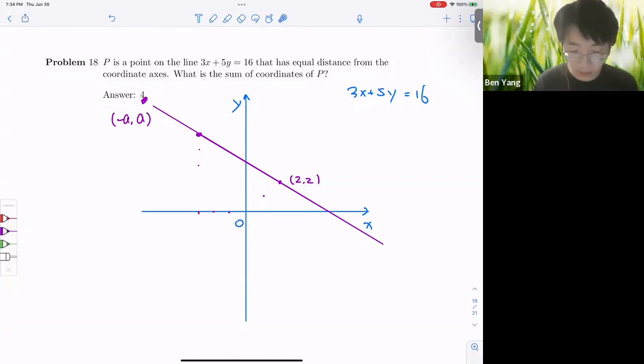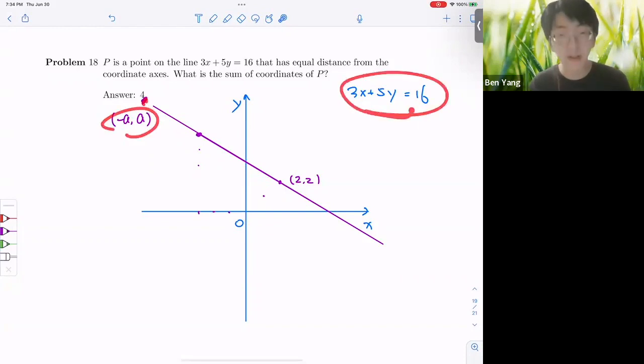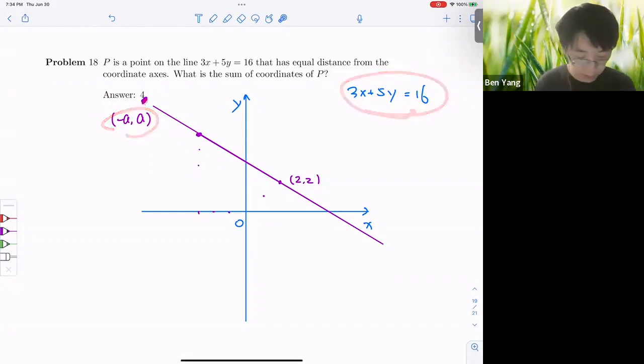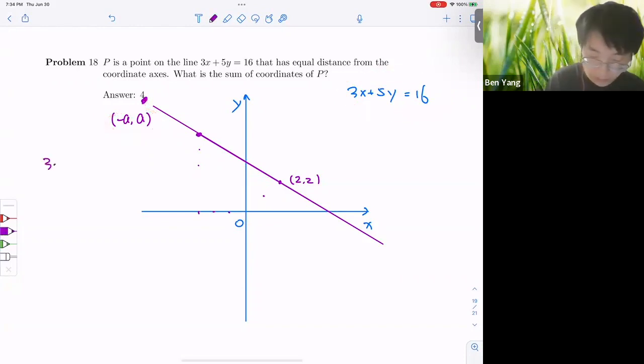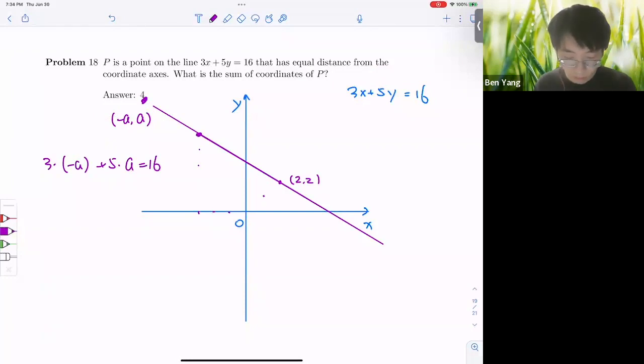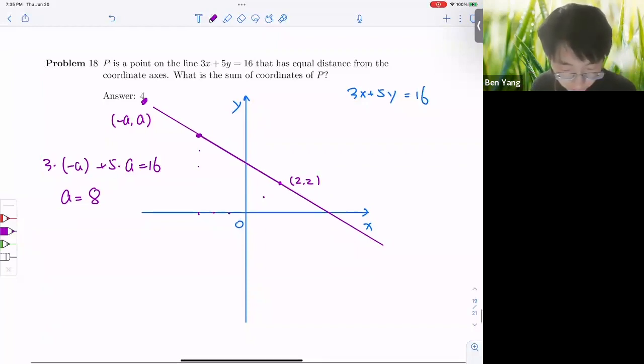We also know that since the point is on the line, -a and a should satisfy that equation. That means 3 times negative a plus 5 times a equals 16. So we have a is equal to 8. That is possible. Let me double check the question.